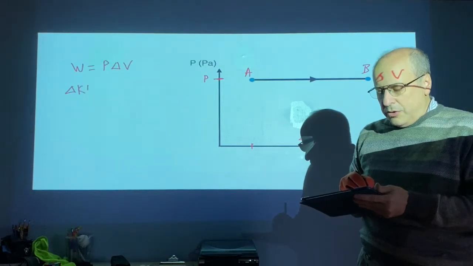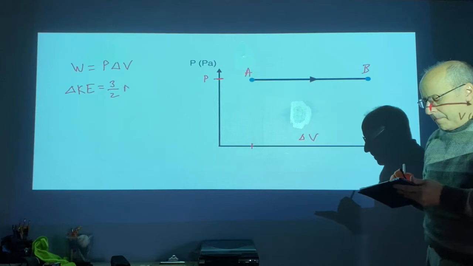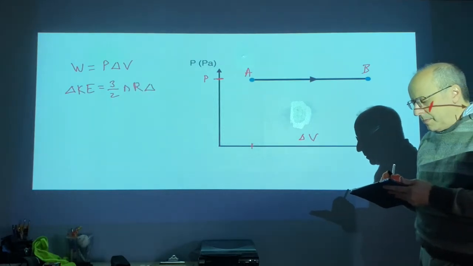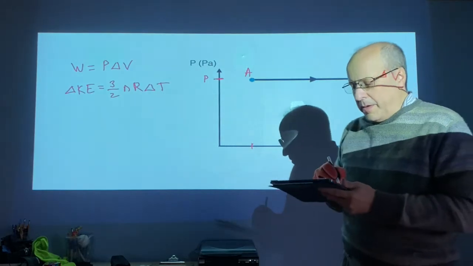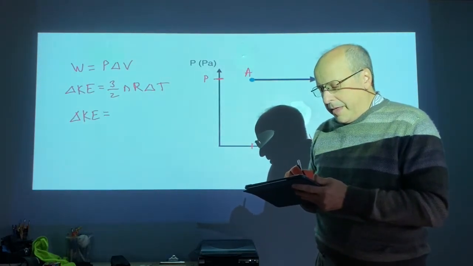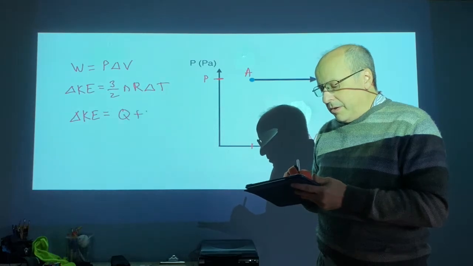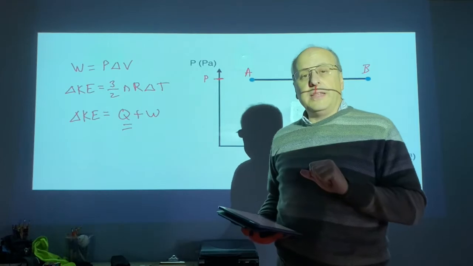We then use the temperature of the two endpoints, and we find our change in kinetic energy. Finally, we take that change in kinetic energy and we find our heat. So isobaric requires you to do all three of these steps.